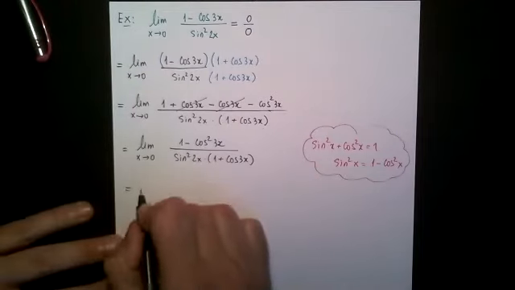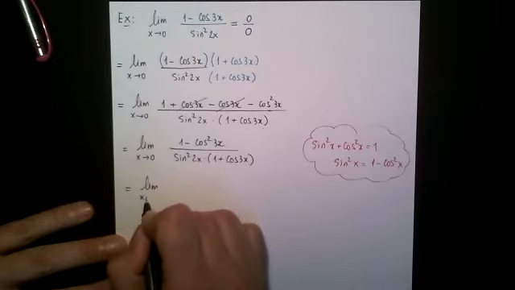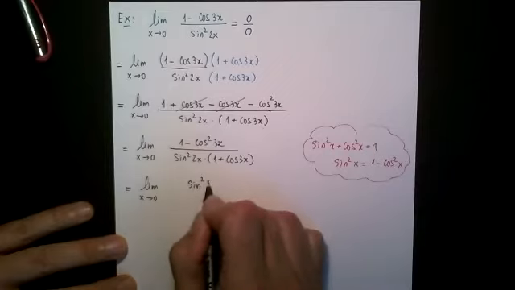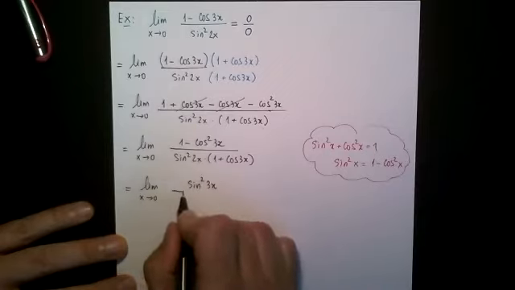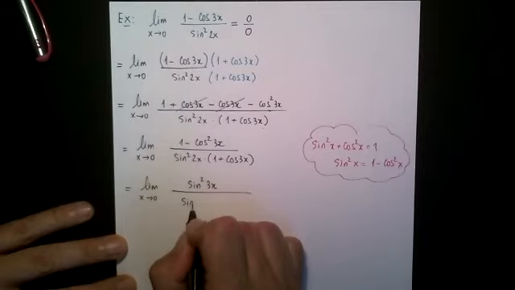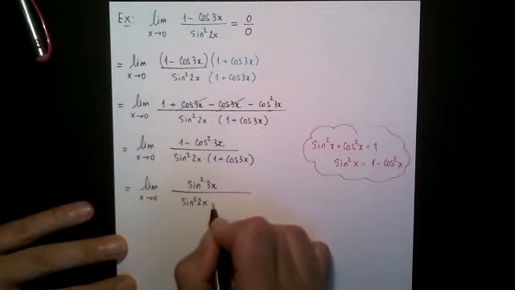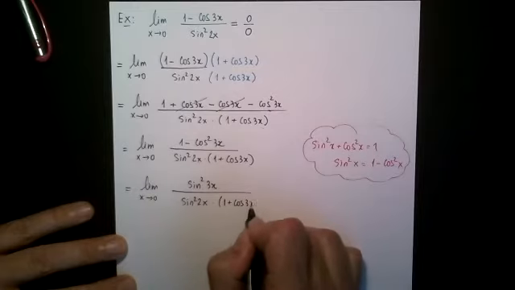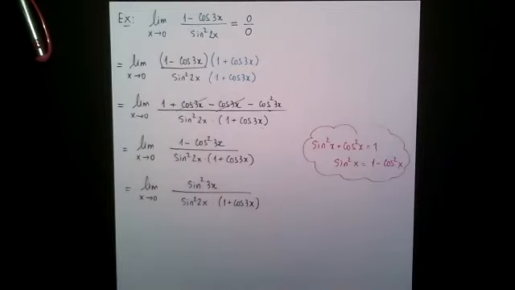So it's equal to limit as x approaches 0. So the top now is sine squared of 3x. And then on the bottom, I have sine squared of 2x times 1 plus cos 3x. Any questions until here? Okay.